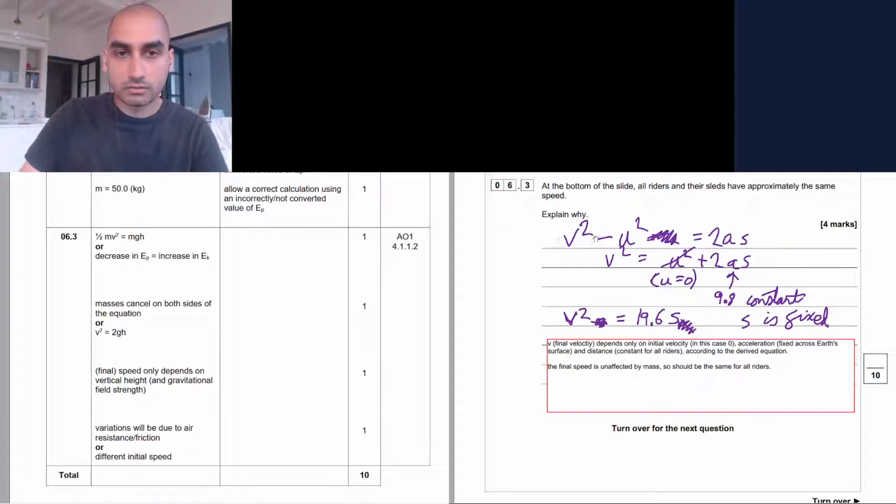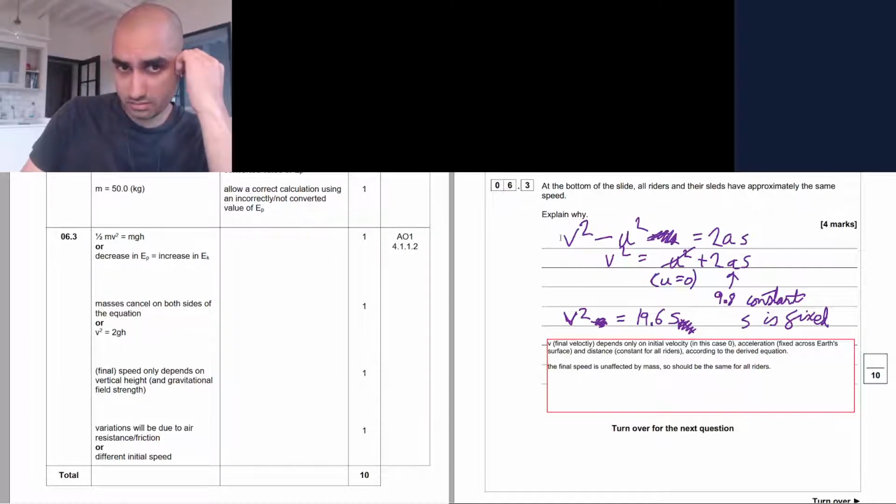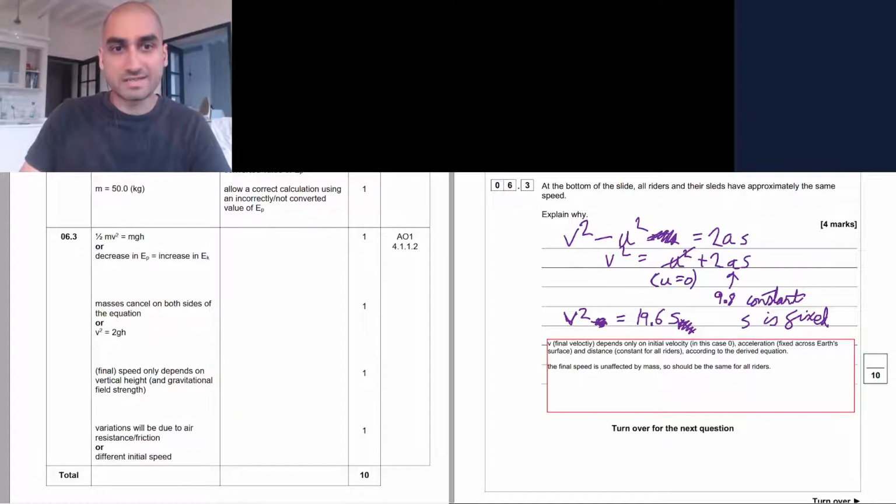Hang on. Half mv squared equals mgh. Well, that's not the formula I used. 2mgh. No, that is the formula I used.